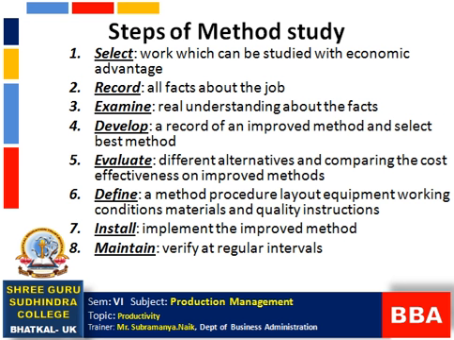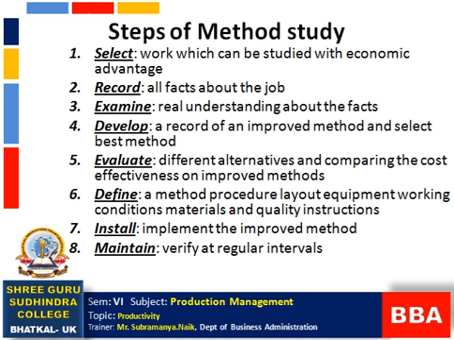Next, fourth one is to develop a record of an improved method and select the best method. Whatever ideas you have developed for a new method, you select the best one, because in your mind there are a number of ideas and alternatives. Next, fifth step is to evaluate.